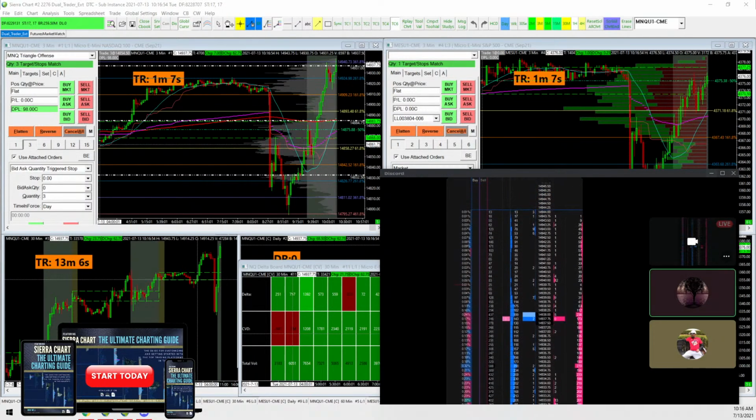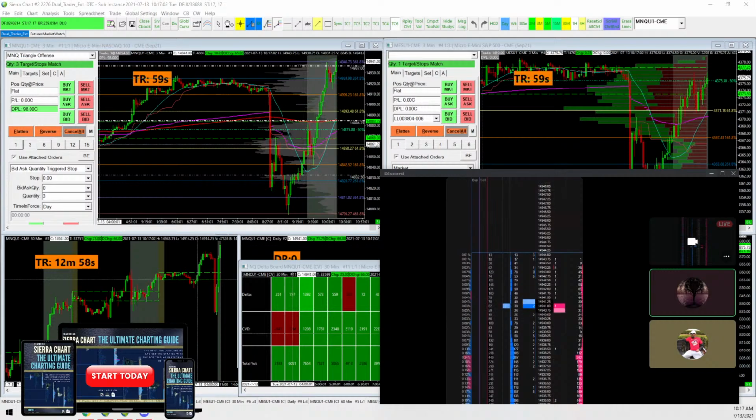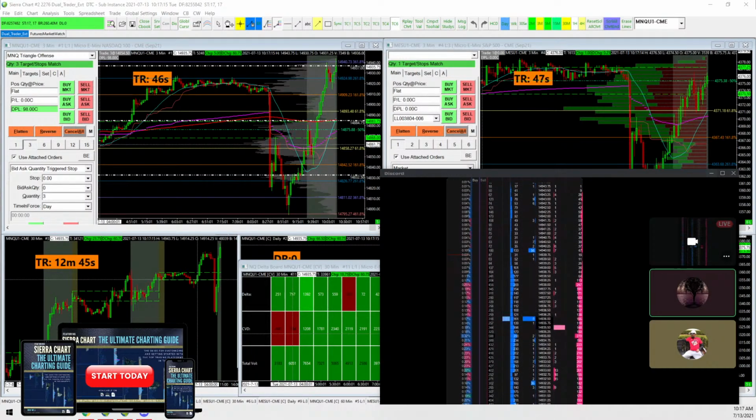Our buyers are having a response, so they've got supply, so they're able to maintain this. Our seller has still managed to protect the offer for the time being as it's being squeezed, because our buyers still have control. Just got a response from the sellers. They're pushing it back down, eating this buying liquidity now at 37 and a quarter. They protected their offer.